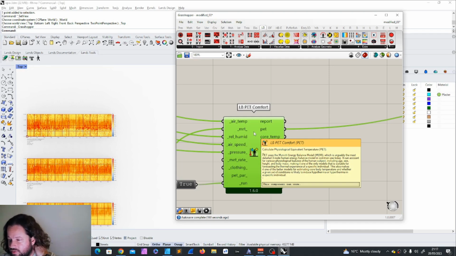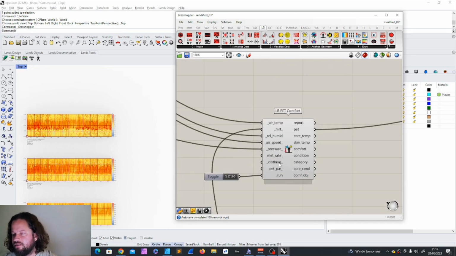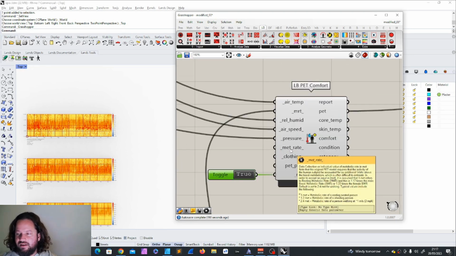This also makes it one of the better models for estimating core body temperature and whether a given set of conditions is likely to include hypothermia or hyperthermia in a specific individual. Okay, wow. What does that mean? So, difficult text. Anyway, the MET rate.